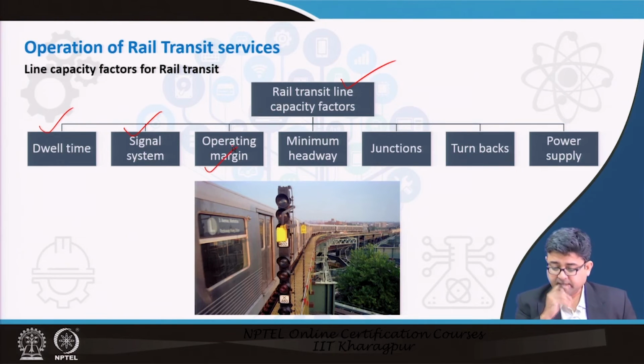Operating margin is something that plays a role, and we will see what that is. Headway, like we have looked at even in the bus situation. Junctions play a role here. Turnbacks is something that buses don't have, so we will take a look at that, and also power supply, which again buses don't have to be plugged in unless they are the new electric buses that are coming into play. So, they will be affected by power supply.